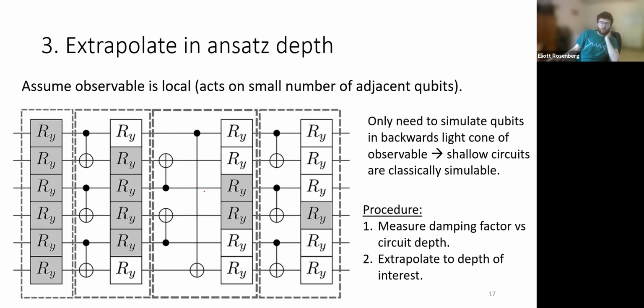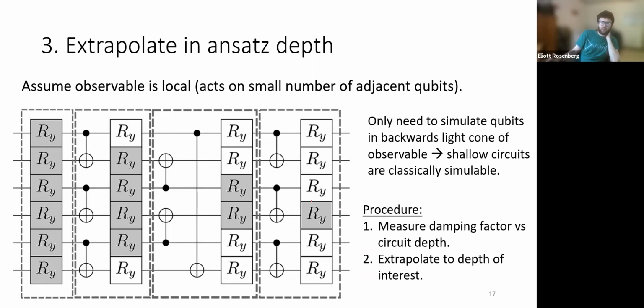Then you actually don't necessarily need to simulate all of the qubits in the system in order to predict the expectation value of that observable. You only need to simulate the qubits that are in the backwards light cone of that observable. And here I'm not inventing this term, which comes from relativity, and I'm also not inventing its usage for quantum circuits. This is sort of a standard terminology.